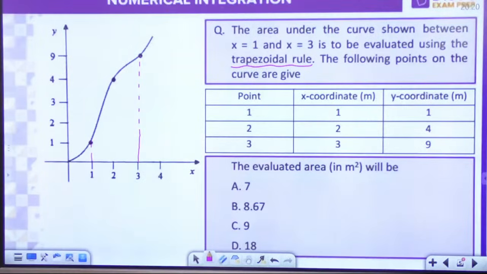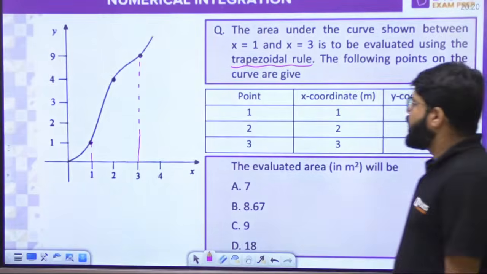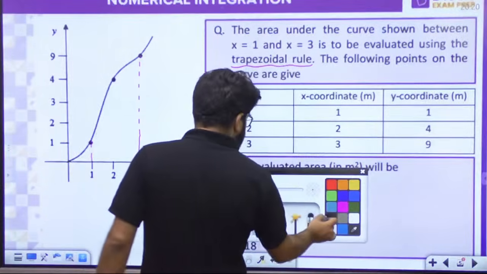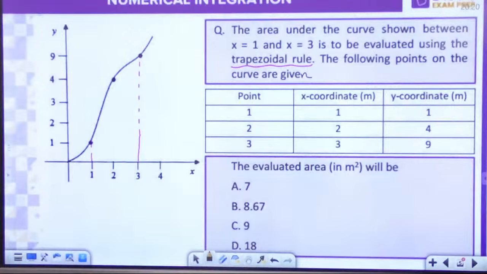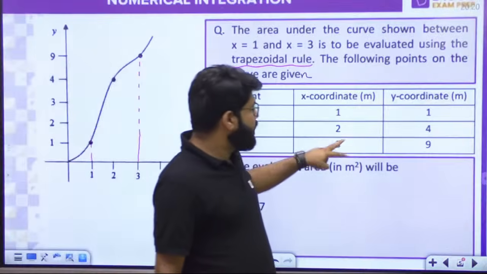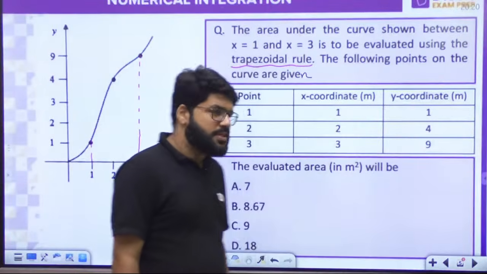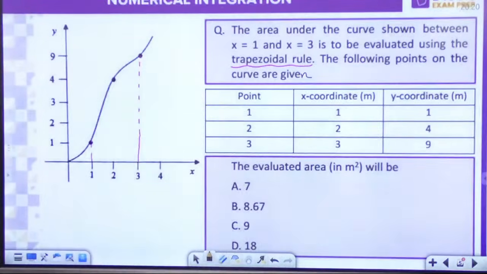Using the trapezoidal rule, the following points on the curve are given. 1, 2, 3 are the points. The coordinates of x and the coordinates of y are given to us. What is the evaluated area in meter square?